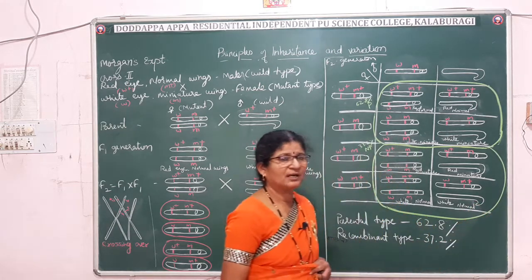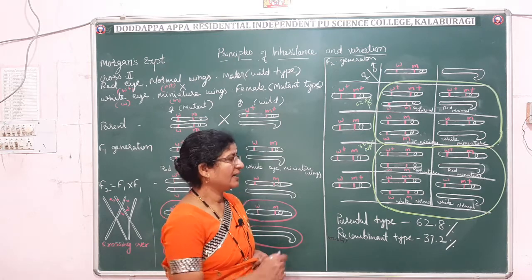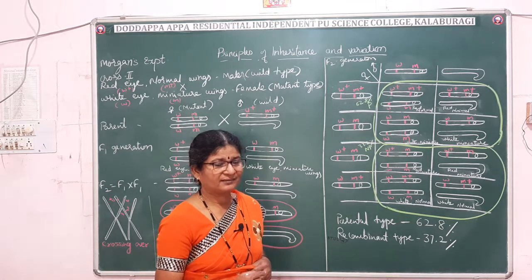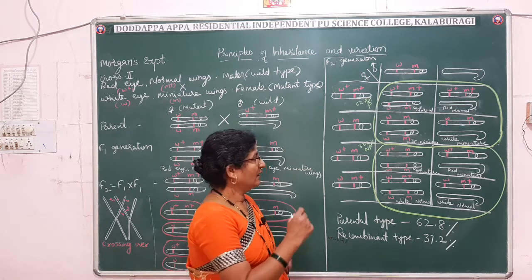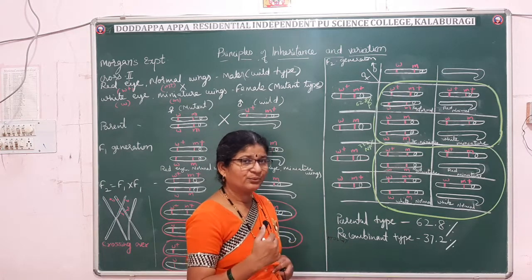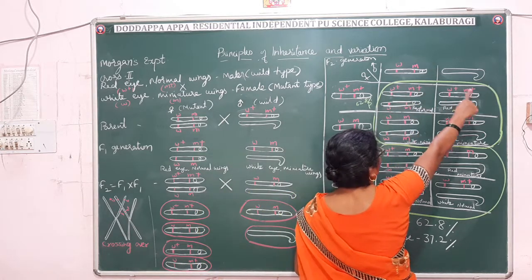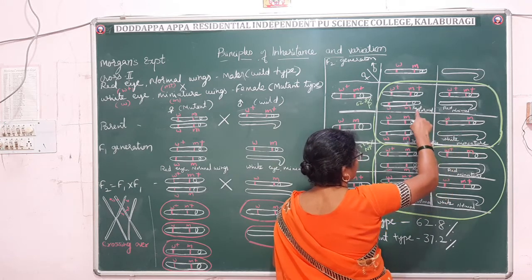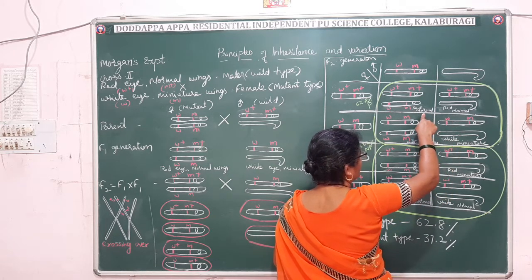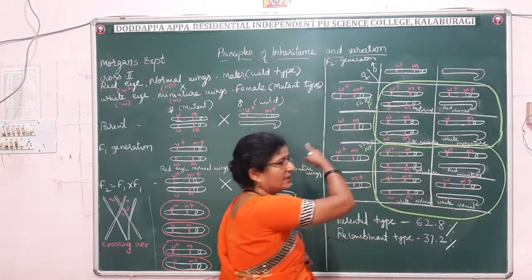Now hope you know how to take the gametes, how to write the F2 generation, and how to write the phenotypic character. Hope it is clear. Fine. And now let us see the parental and new variety progenies. So these four, when you see, they exhibit the parental characters, that is red eye with normal wings, white eye with miniature wings, which are there in the parent.